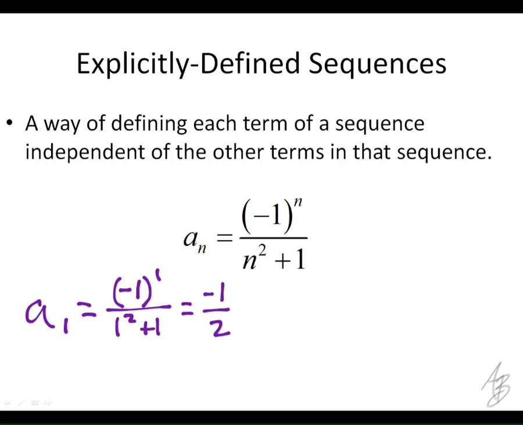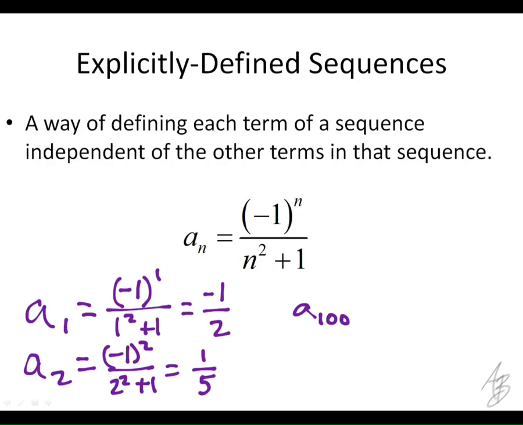And if I want to know what the second term is, I plug 2 in, so I'd have negative 1 to the second power over 2 squared plus 1, which would be positive 1 over 5. And I could do this for any number I wanted. I could figure out what the 100th term is. That would be negative 1 to the 100th power over 100 squared plus 1.